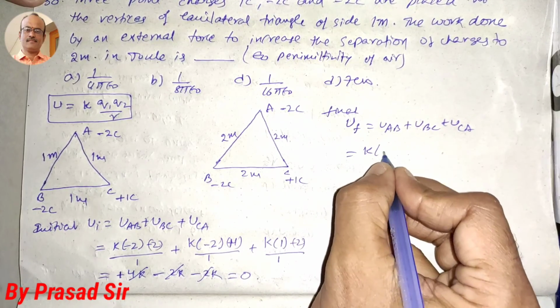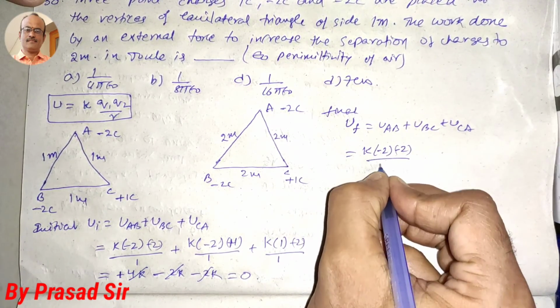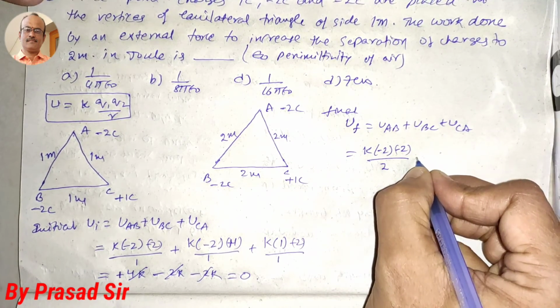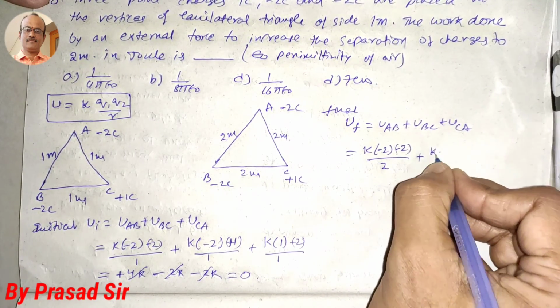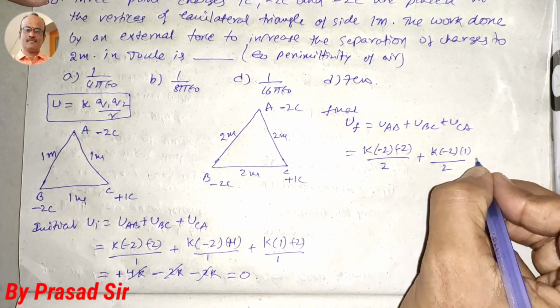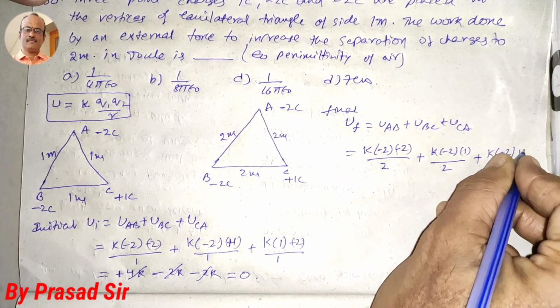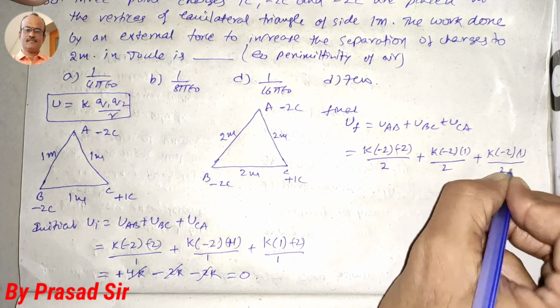So here K into minus 2 into minus 2 divided by 2, plus K into minus 2 into plus 1 divided by 2, plus K into minus 2 into plus 1 divided by 2.